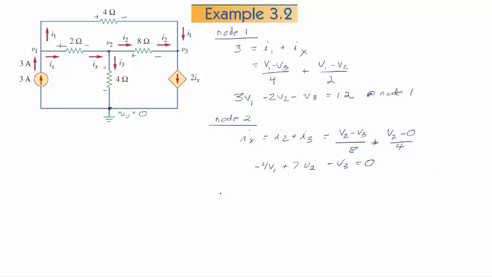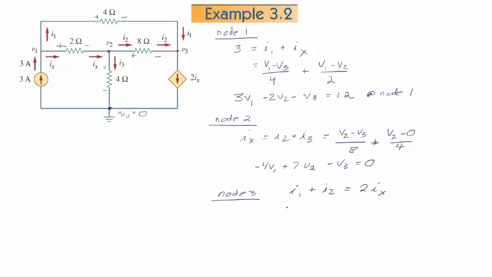And then at node 3, I have node 3 right here. I have I1 is an in, I2 is an in, and this dependent current source is an out. So I1 plus I2 equals dependent current source, which is 2IX. And I do have an expression for IX already. Remember that IX was right here, V1 minus V2 over 2 ohms.